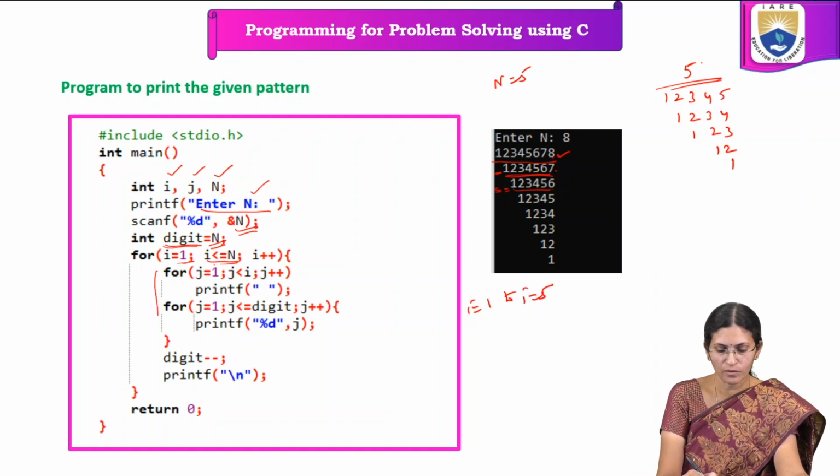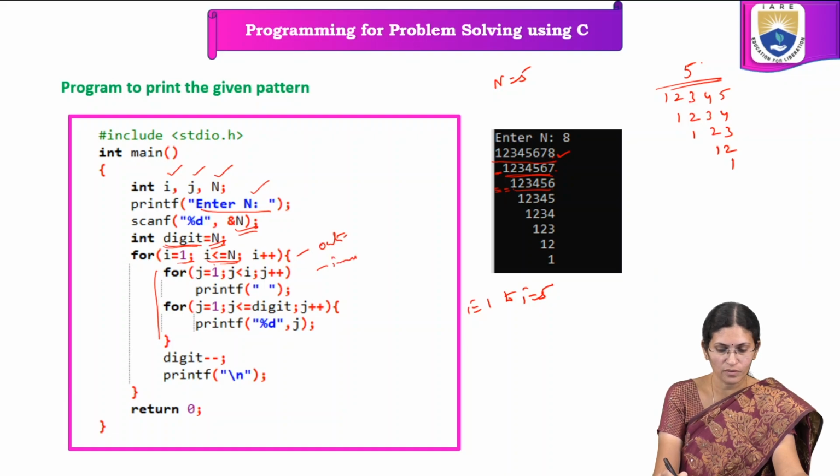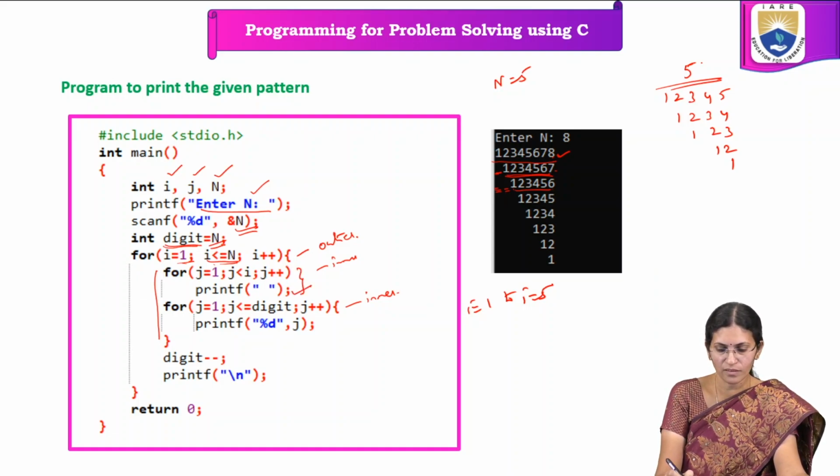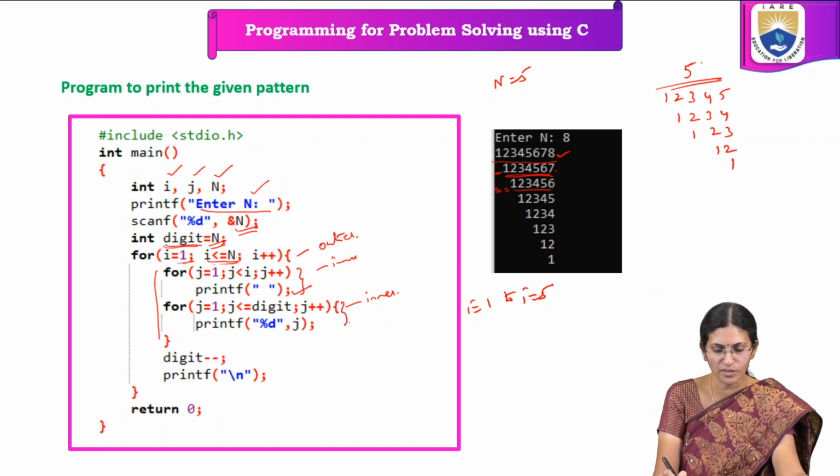Then let us see how we can print this pattern with the help of two for loops here. This is the outer for loop, and these two are the inner for loops. After the execution of these statements, these statements will be executed.